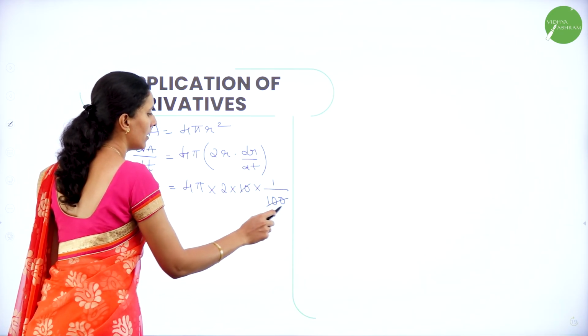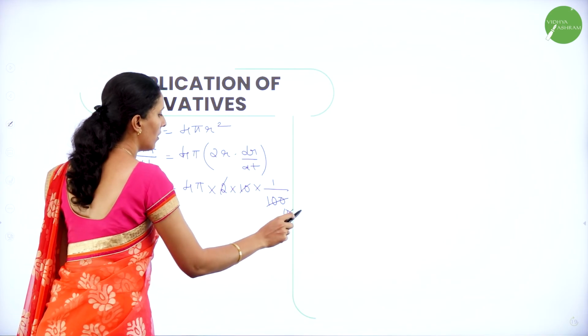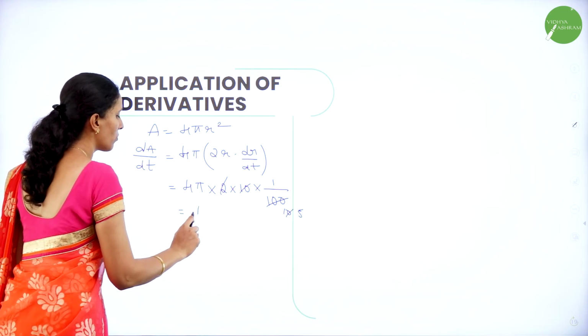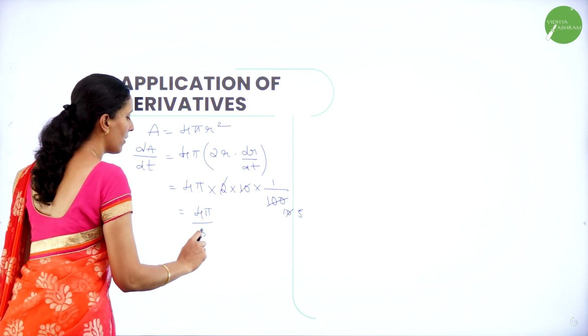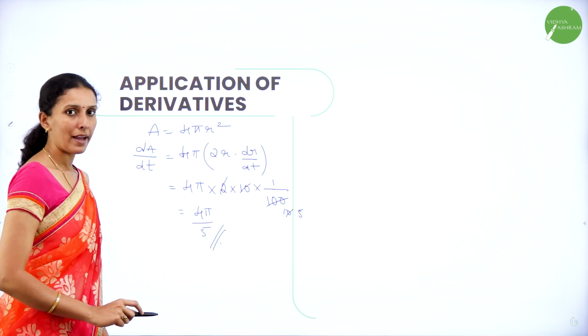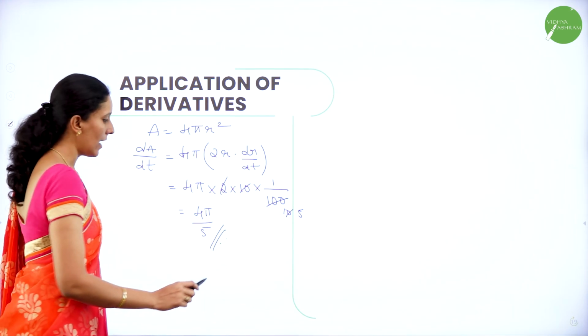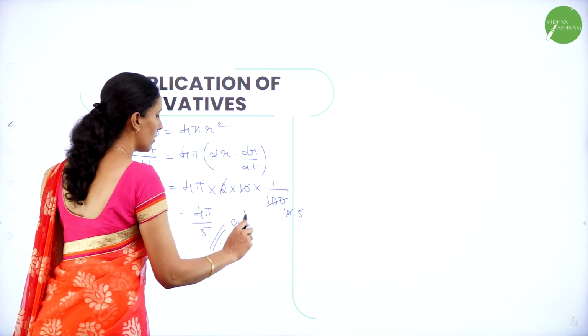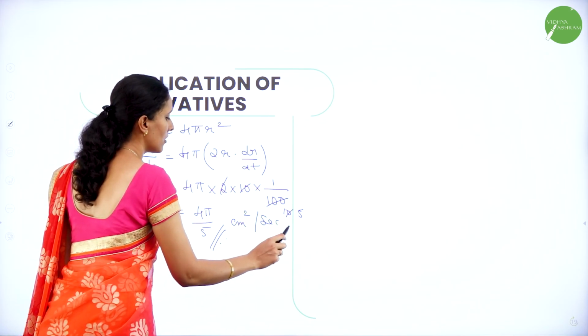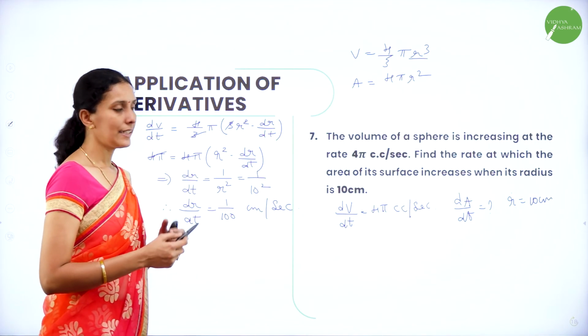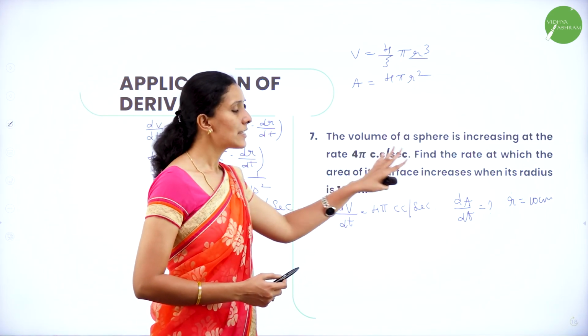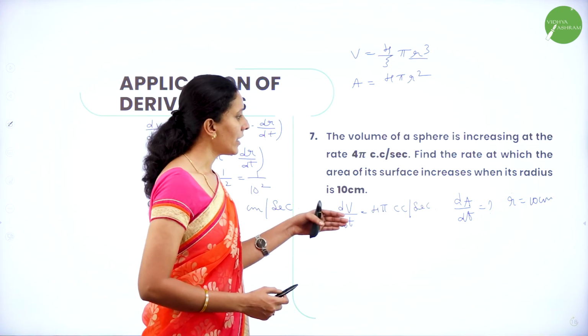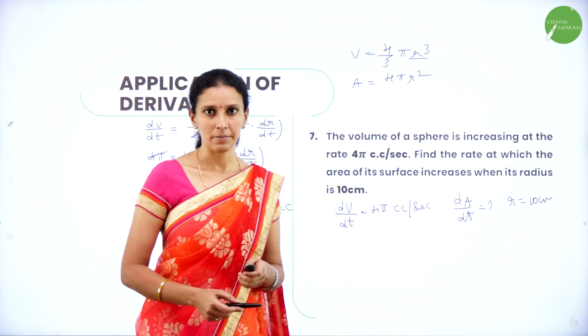Cancelling, 10 ones are 10, 10 tens are 100, 2 ones are 2, 2 fives are 10. So we are left with 4 pi by 5. Since it is area, it is centimeter square per second. So this is the change in area of the sphere when the radius is 10 centimeter.